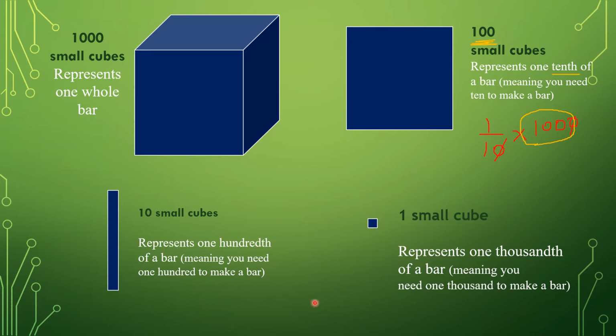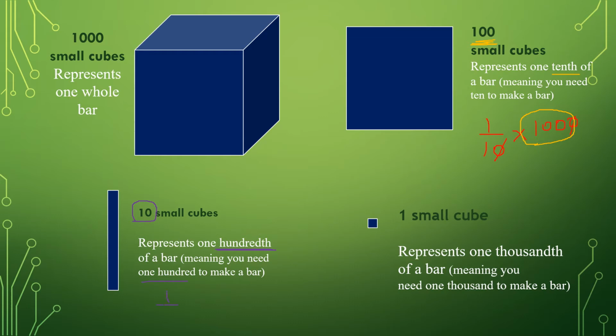Same way, if you look at this stick, it consists of 10 small cubes, and we have written that it represents 1/100th of a bar, because it has 10. So it is 1/100th of a bar.